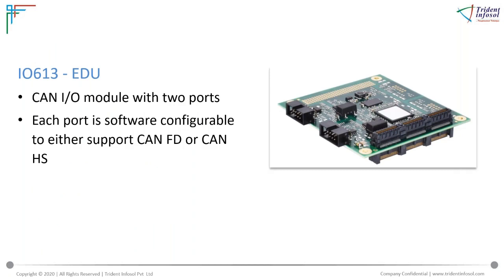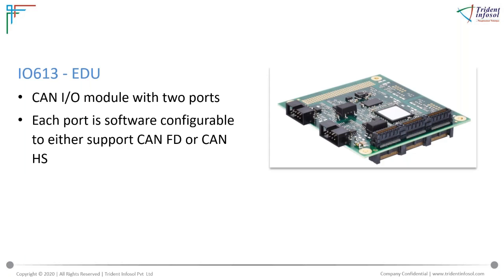The IO613 is the CAN IO module, which is dedicatedly available for education. This particular IO module offers 2 CAN ports. We can set them for CAN, CAN FD or CAN high speed, and we can make this selection in Simulink itself.